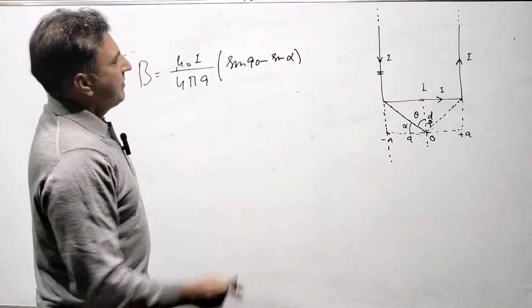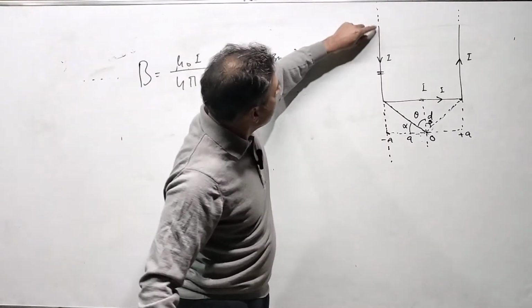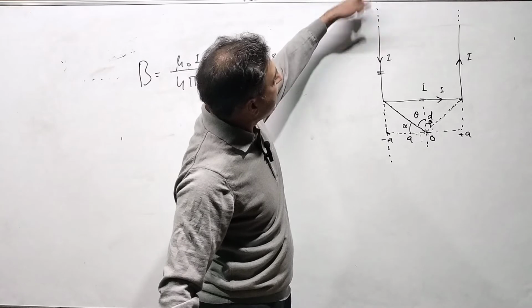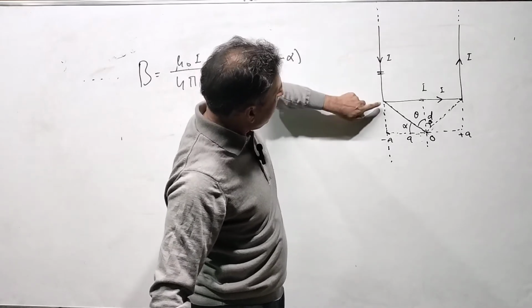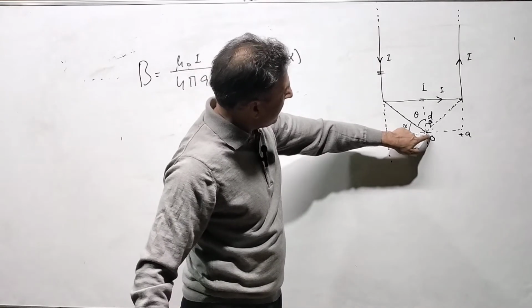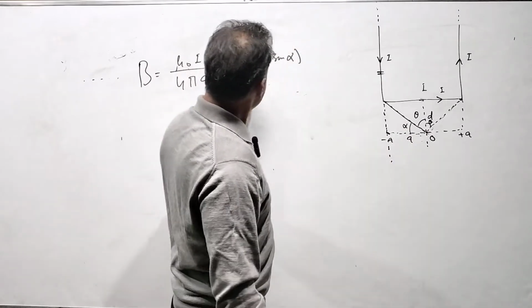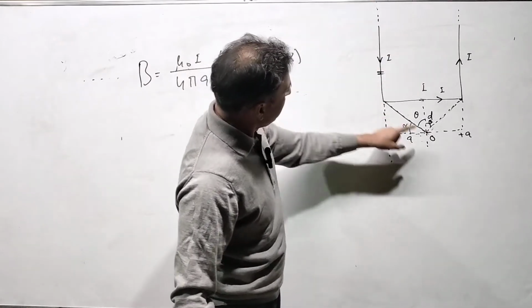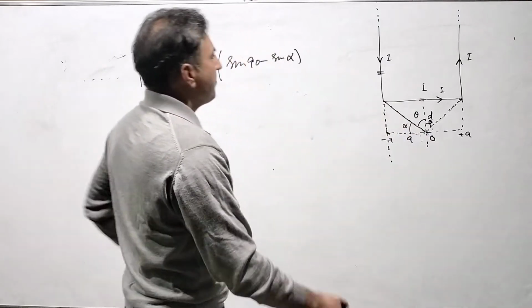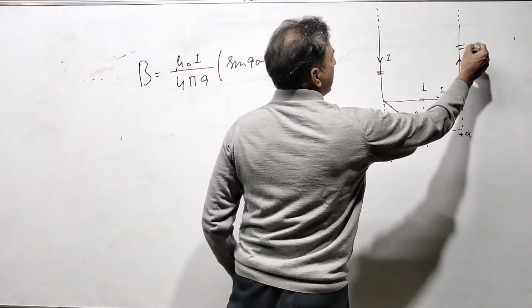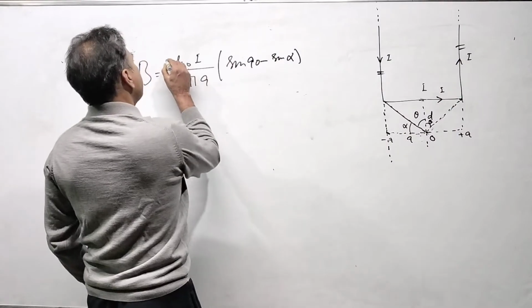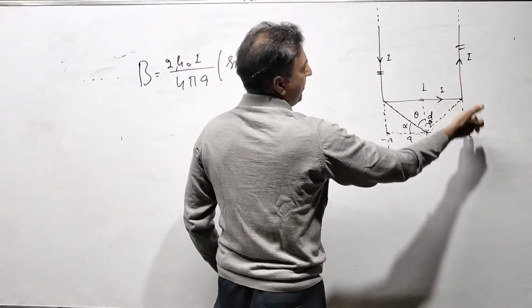That is all. We have already talked about a conductor where one end extends to infinity and the other end is defined, so we can write it as mu 0 I by 4 pi A, sine of 90 minus sine alpha. But there is one more conductor, so the same magnetic field will be there twice, 2 times.